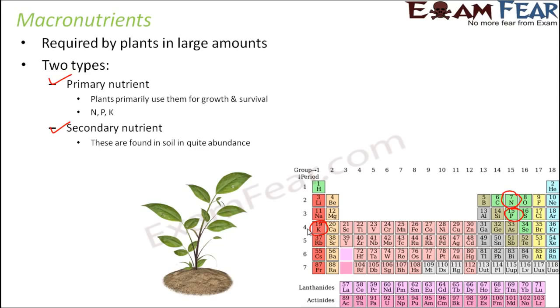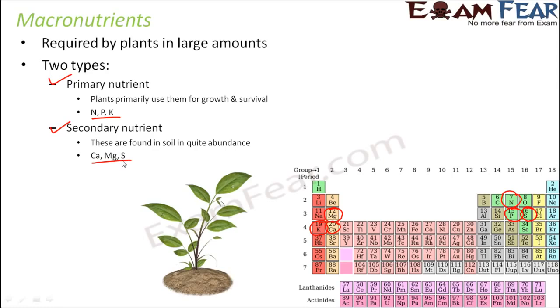Examples of secondary nutrients are calcium, magnesium and sulfur. Please note that all of these, nitrogen, phosphorus, potassium, calcium, magnesium, sulfur, are examples of macronutrients, because all of them are required in large quantities.